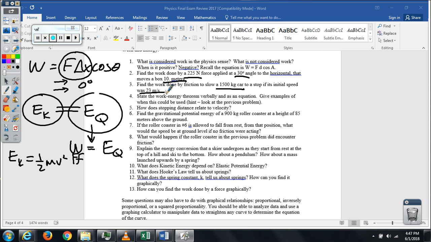So friction is doing negative work. So when this increases, that means the work I'm doing is negative. If you want to put that out front just to remember, you can. But just remember that friction is always doing negative work.